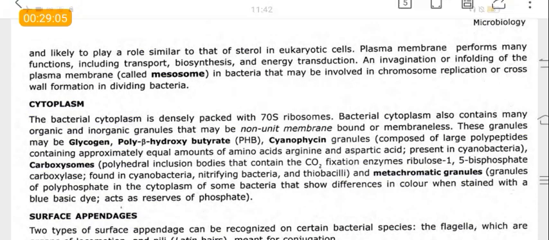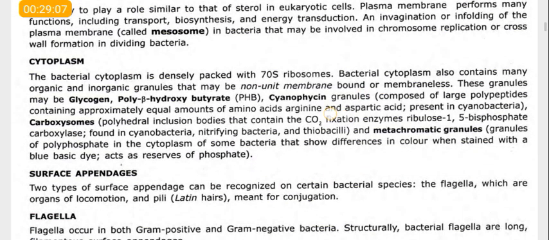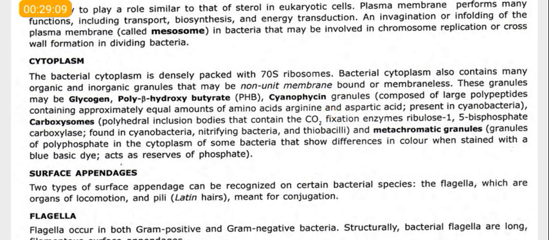Then cytoplasm. The bacterial cytoplasm is densely packed with 70S ribosomes. Bacterial cytoplasm also contains many organic and inorganic granules that may be non-unit membrane bound or membraneless.